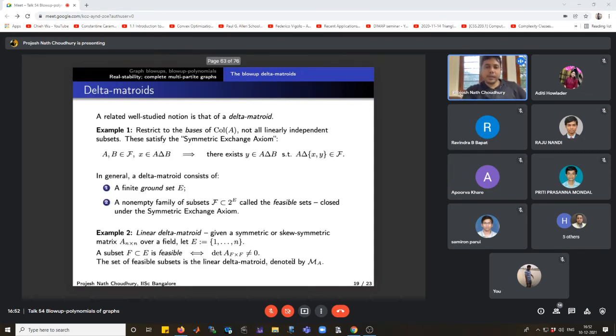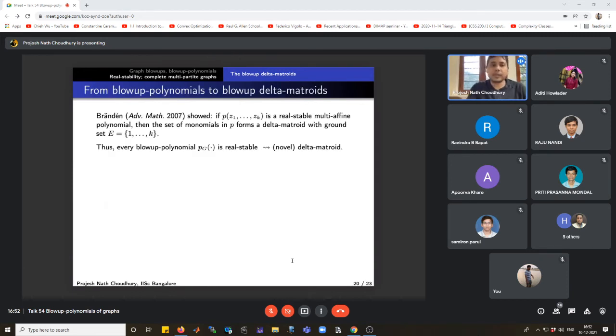So in my talk, I have mentioned multi-affine polynomials, real stable polynomials, and delta matroids. Is there any connection between these three things? The answer is yes, and this is a result of Brändén from 2007. He proved that if p(z) is a real stable multi-affine polynomial, then the set of monomials with non-zero coefficients forms a delta matroid with this ground set.